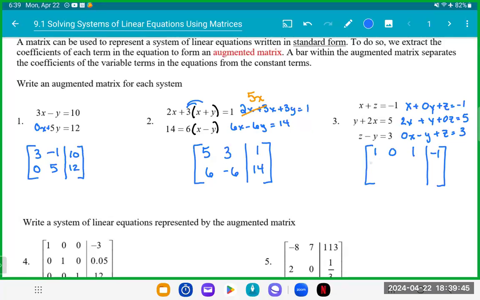My second equation, I have 2x, 1y, 0z, and 5 for my constant. And my last equation, I have 0x, -1y, 1z, and 3 constant. Okay? Any questions on how we transform our system of equations into a matrix?